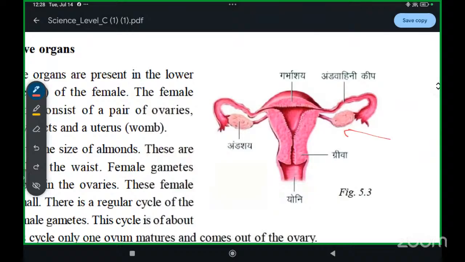these are ovaries. This is fallopian tube.